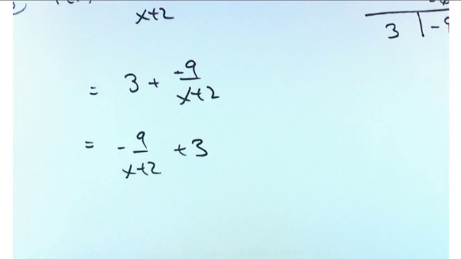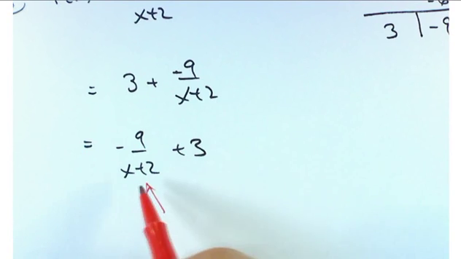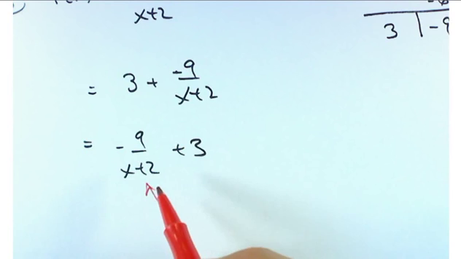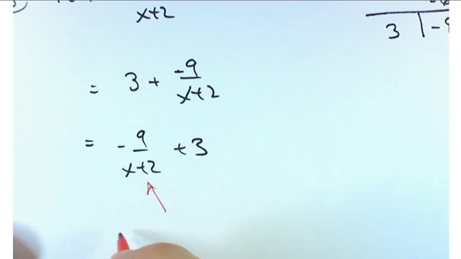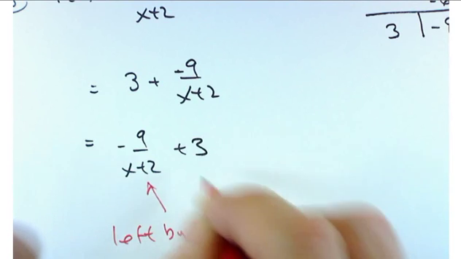Let's see if we can figure out how this has been shifted compared to y equals 1 over x. There are 3 things that I'd want you to notice. Let's start with the easiest part. To the left by 2, right? Because that's your new vertical asymptote. So left by 2.